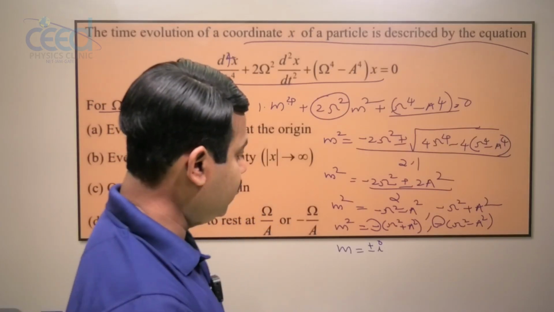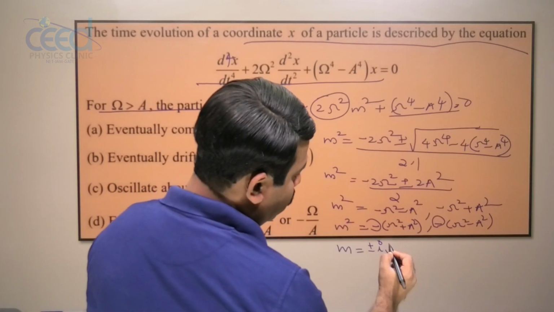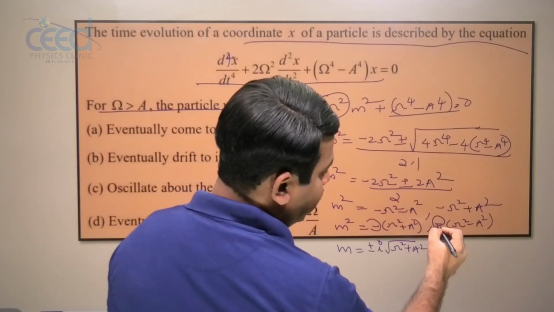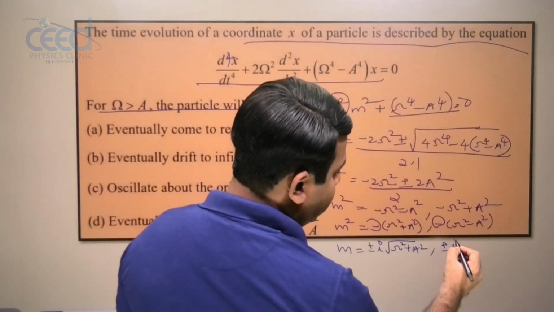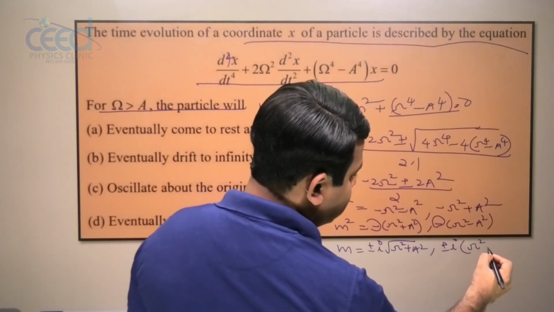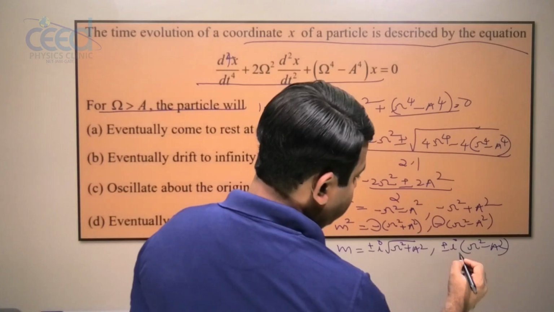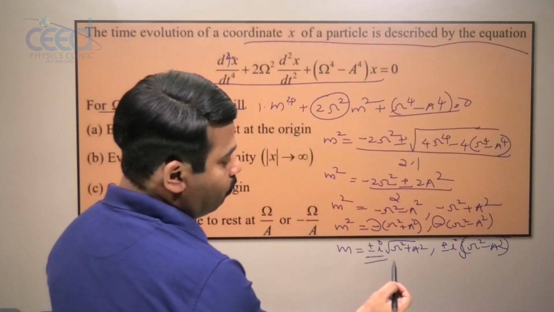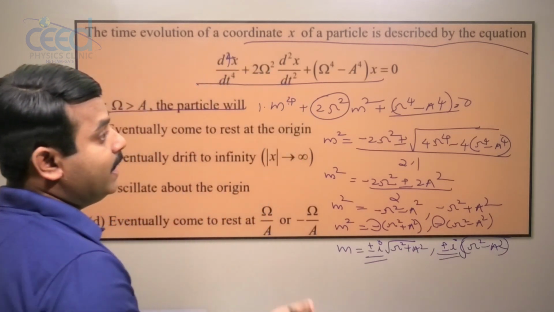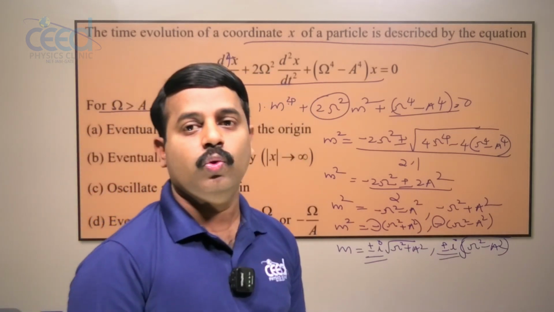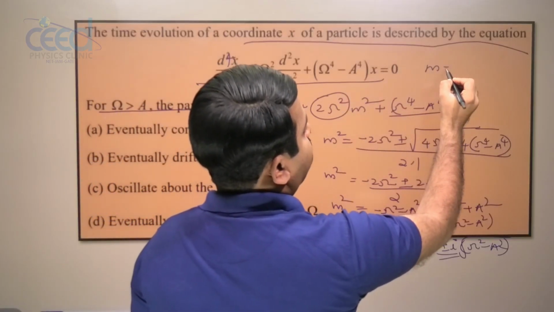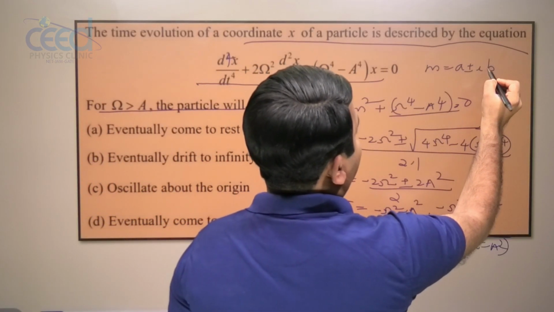So write plus or minus i into root of omega square plus a square, or again plus or minus i into root of omega square minus a square. Now, plus or minus i coming means that when you solve any auxiliary equation, you get a solution of the form a plus or minus ib.